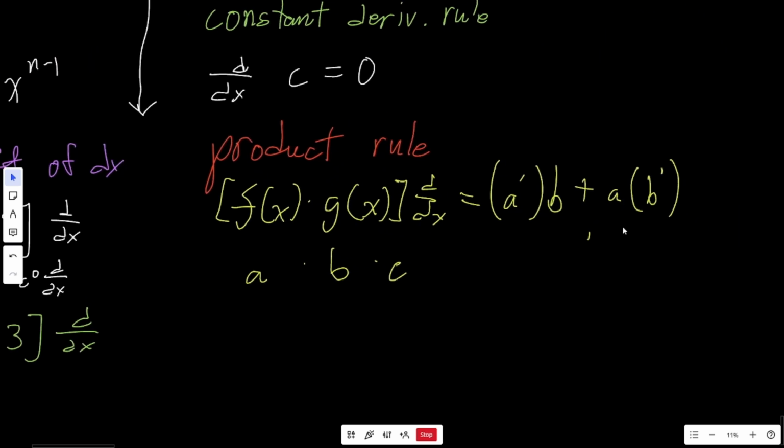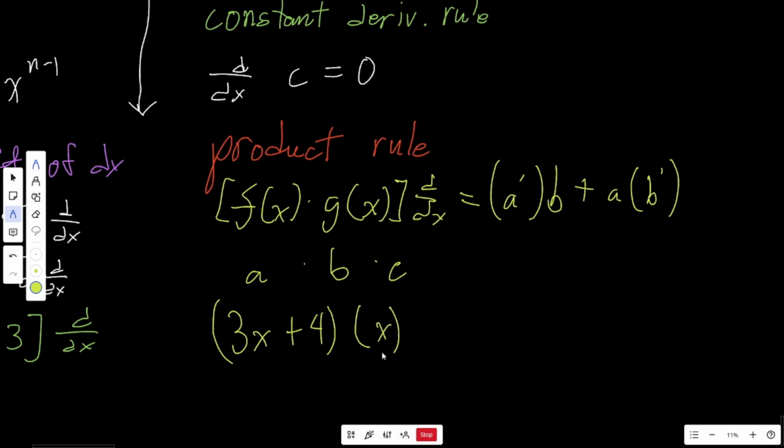Now, an example of this is, for example, 3x plus 4 times x, and we're going to get the derivative of this.